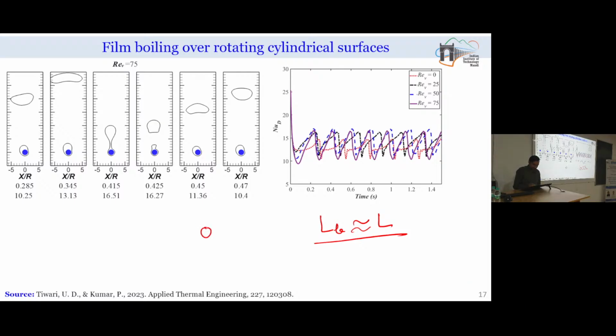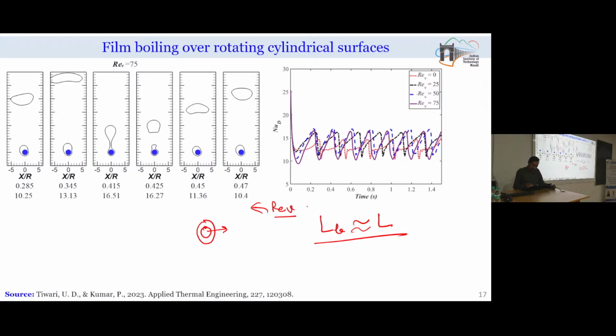So, this is a cylindrical wire of extremely small diameter, and on this cylindrical wire you can see that we have given some rotation also in the counterclockwise direction, and that rotation is quantified in terms of the Reynolds number of the vapor.